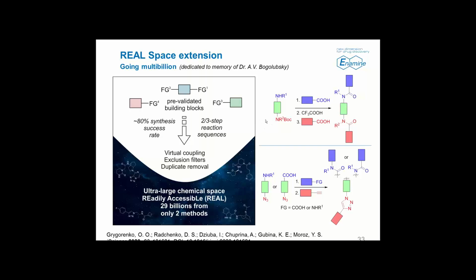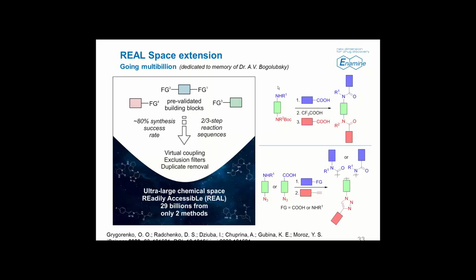So far we have found that two methods were acceptable for the very high synthesis success rate that is required to generate the real space, but we are still working on optimization of this chemistry.